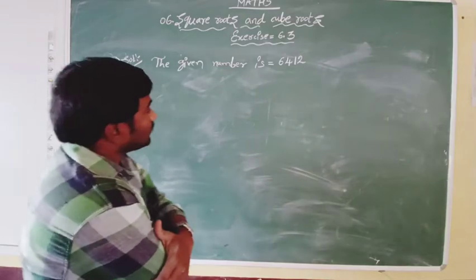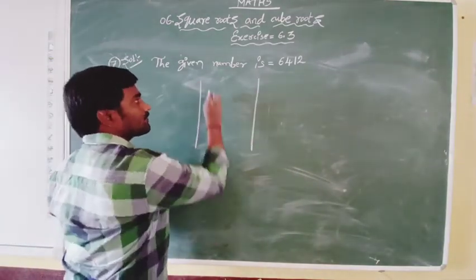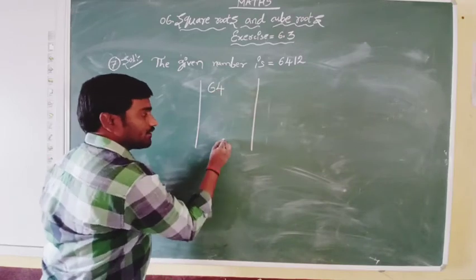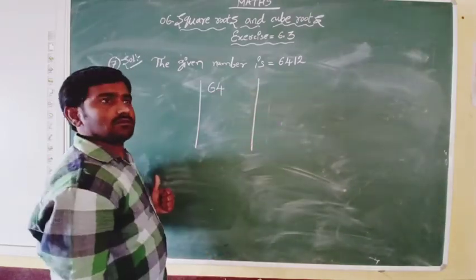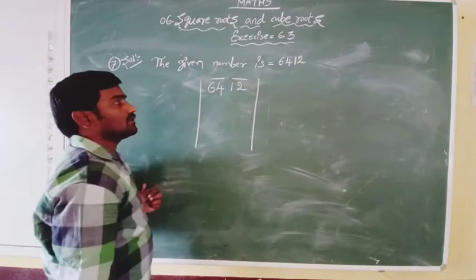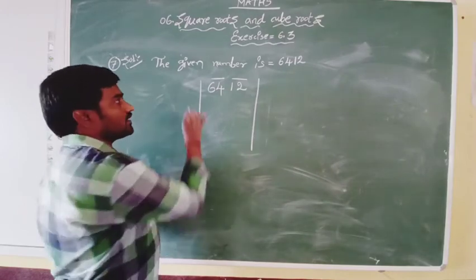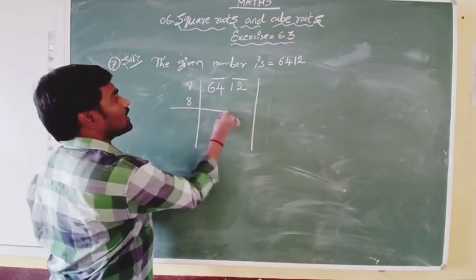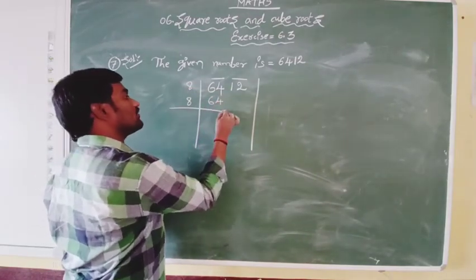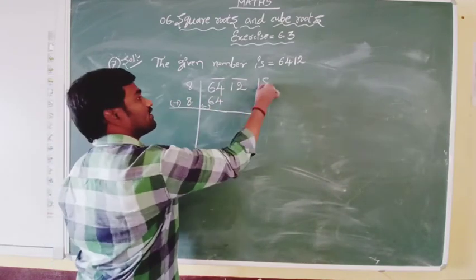Let us see. When you do it in the division method, whatever number we get as the remainder, the same number will be added. Now, 64 is exactly a perfect square number, 8 eights are 64. Here plus and here minus. The same 8 I write here.